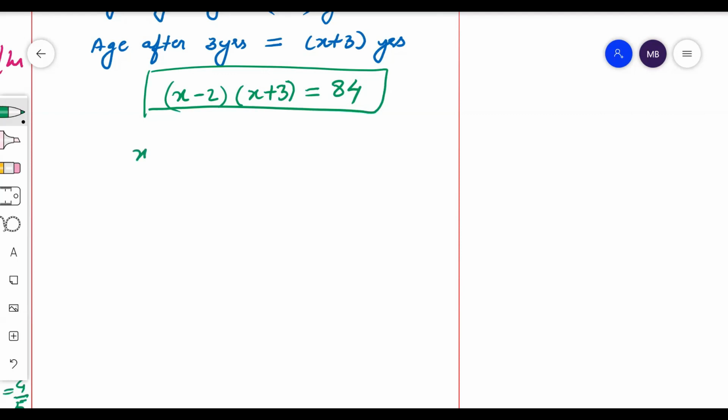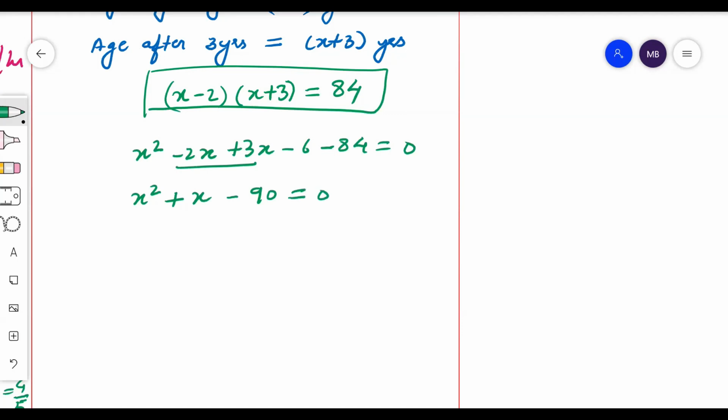So X into X, X square minus 2X plus 3X minus 6 minus 84 equal to 0. So X square plus X minus 6 minus 84 will be minus 90, which is equal to 0. Now this is your quadratic which we need to solve.